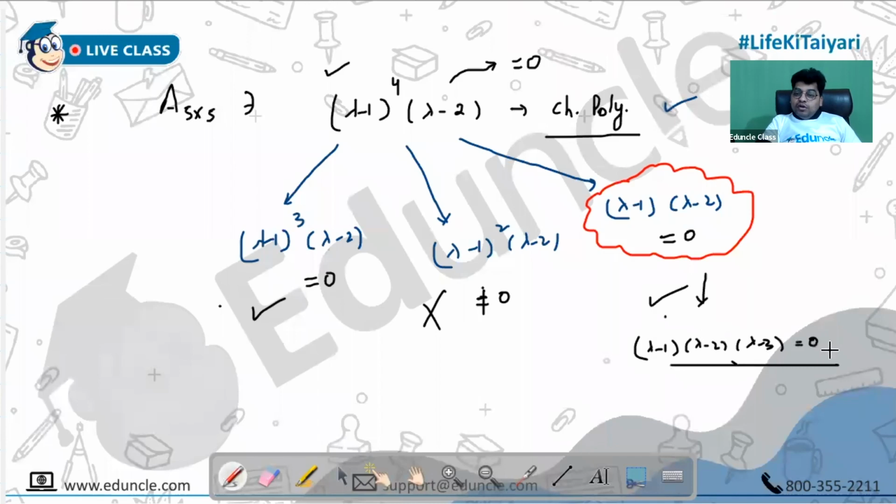So lambda minus 1, lambda minus 2, lambda minus 3 to the power 5, and all these you can say are annihilating polynomials. You can multiply anything, or multiply the characteristic polynomial by one of higher degree, and it is also annihilating.